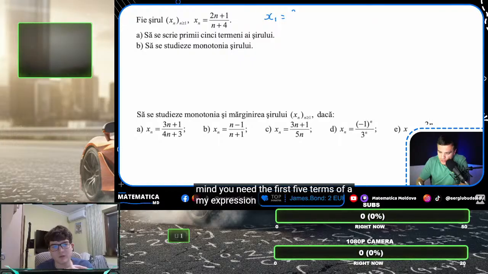So it's 2 plus 1 divided by 5, because 1 plus 4 is 5. 3 divided by 5, that's x1.